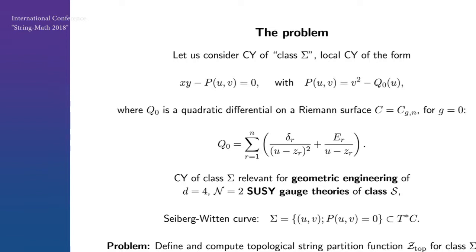In this context, there's a very well-known and very nice relation between the curve, defined by this very polynomial defining the Calabi-Yau in the first place, and the Seiberg-Witten curve describing the low energy physics of the associated gauge theory. It's a curve in the cotangent bundle of C, the Riemann surface underlying everything I'm talking about. And our problem is to define and compute the topological string partition function for this class of theories.